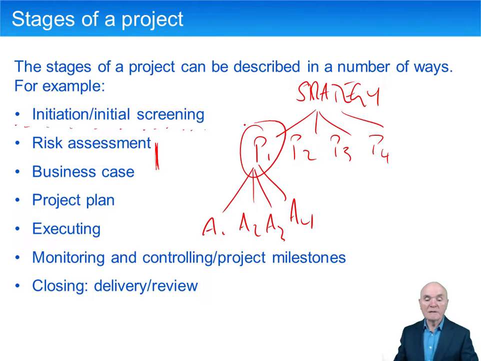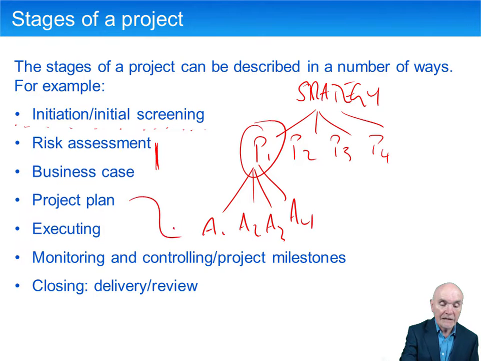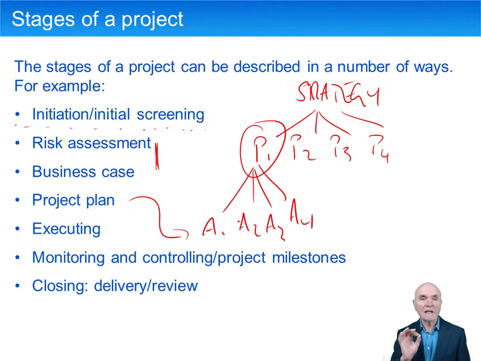So if this project was building the factory, then the activities for building the factory would be maybe finding a site, then digging the foundations, then putting up the bricks, and then putting on the roof, and then putting in the electrics, and installing the machinery, and so on. And the project plan is really down at this very detailed level here. It is almost a day-to-day, week-by-week plan of what has to be done.